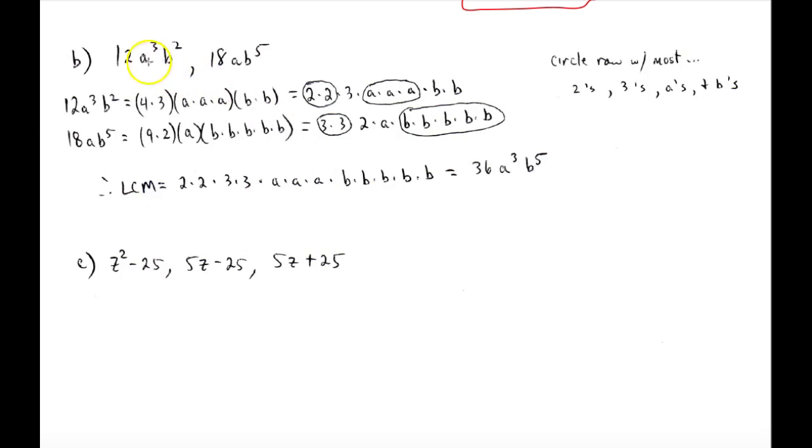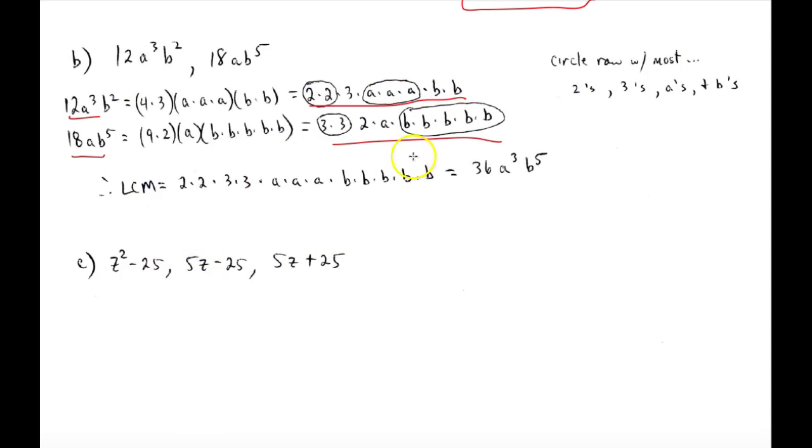For the next example, we have 12a cubed b squared and 18a b to the 5th. As you see for each of these, I've broken them down into their prime factorization. And from there, you see that I have the prime factors of 2, 3, a, and b. What I mean by prime factor is a factor that is only divisible by 1 and itself.